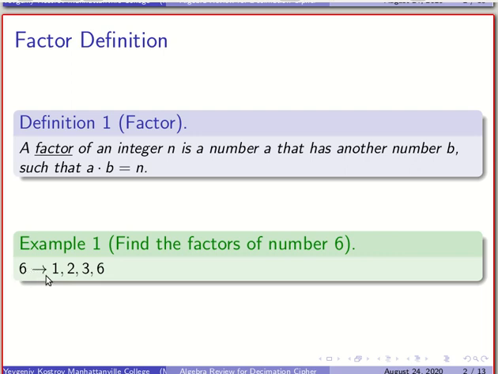For number 6, we have 1 because 1 times 6 is 6. We have 2 because 2 times 3 is 6. And since 3 times 2 is also 6, 3 is also in this list. And the number itself is also on the list. And always 1 and the number itself are factors. But then you have to see whether there are some other numbers that would be factors.